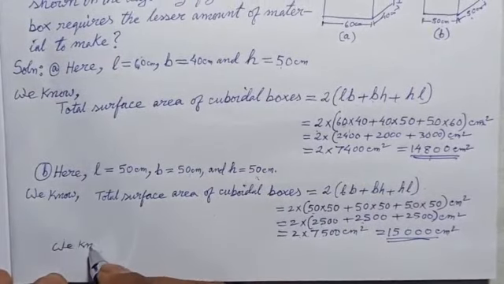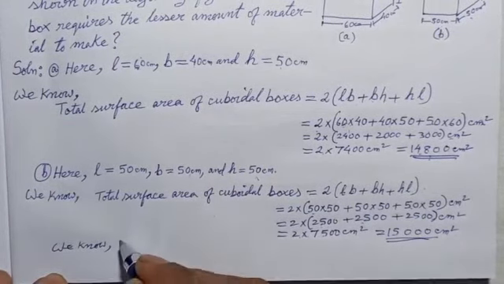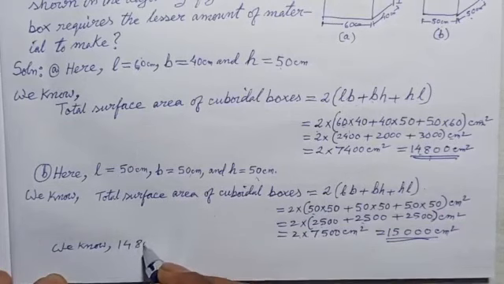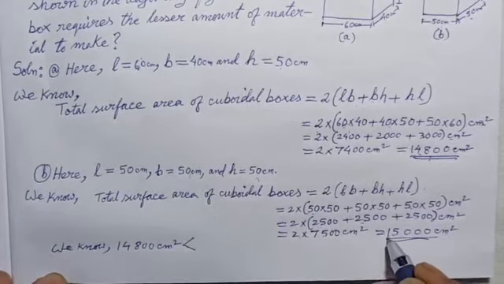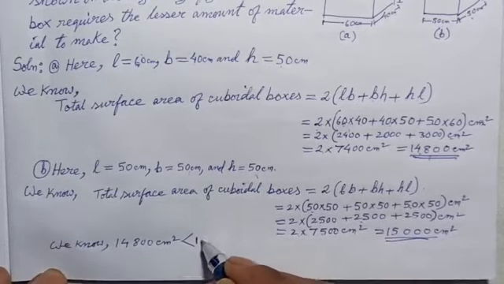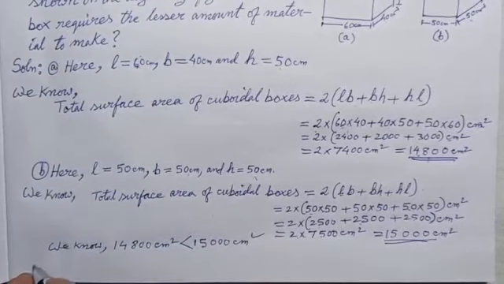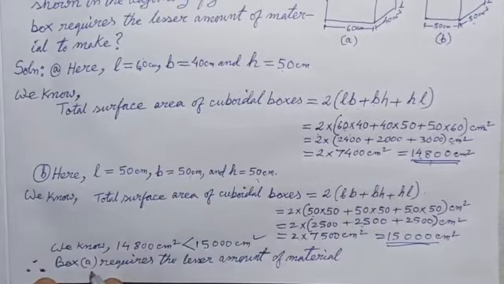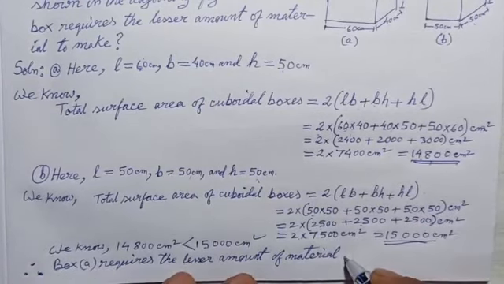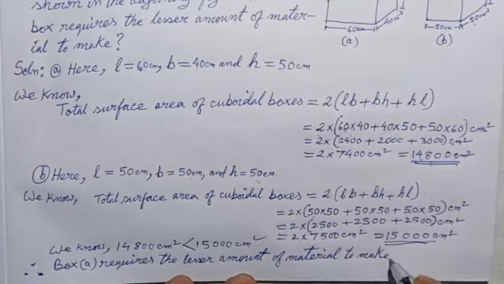We know this 14,800 centimeter square is less than this 15,000 centimeter square. Therefore, box A requires the lesser amount of material to make, and this is the answer.